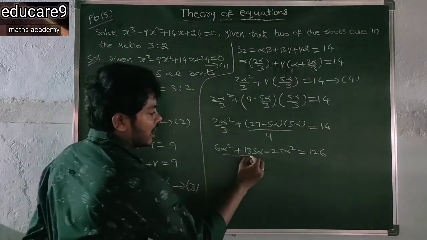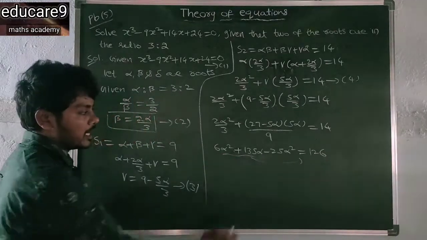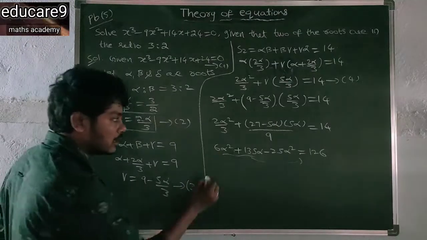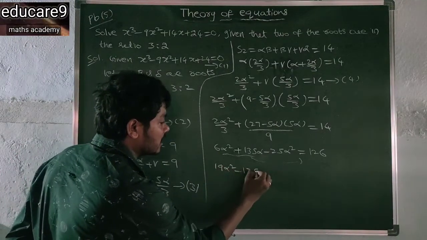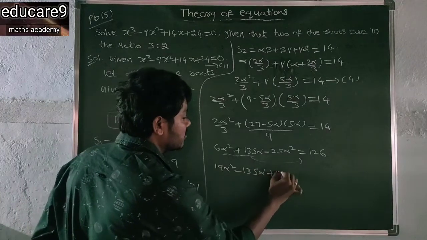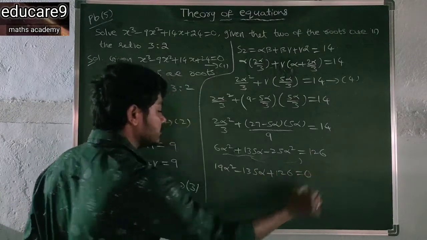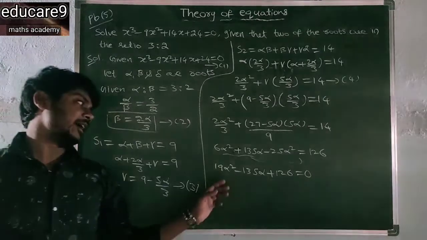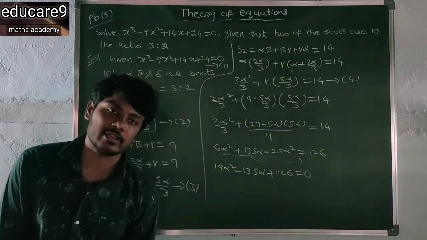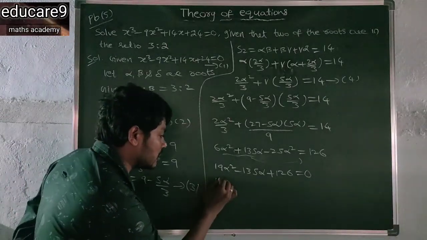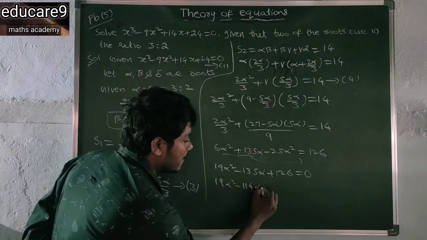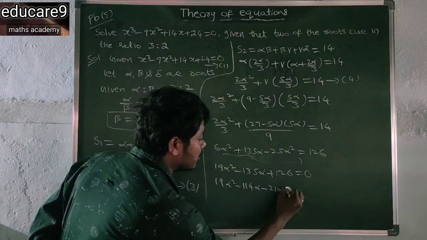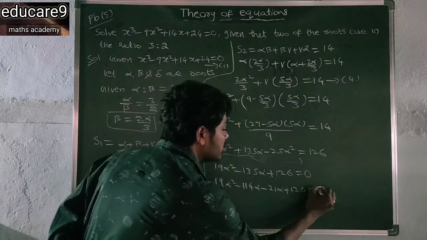So send these values on right side, then it becomes 25 minus 6, 19 alpha square minus 135 alpha plus 126 is equals to 0. Now we want to find the roots of this quadratic equation. So clearly what are the roots? 19 alpha square minus 114 alpha minus 21 alpha plus 126 is equals to 0.